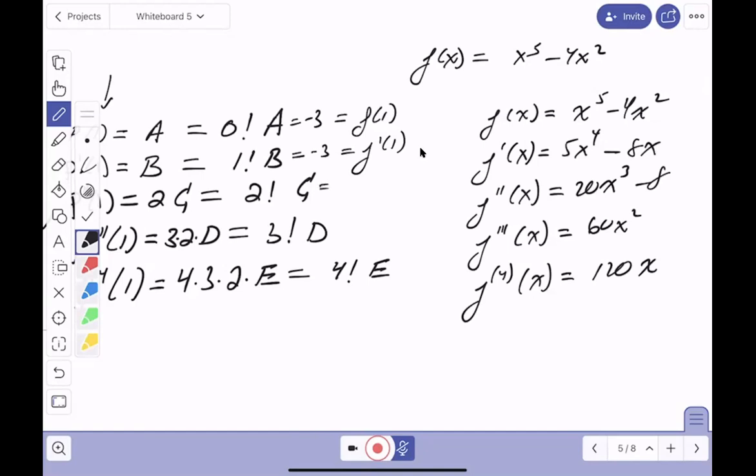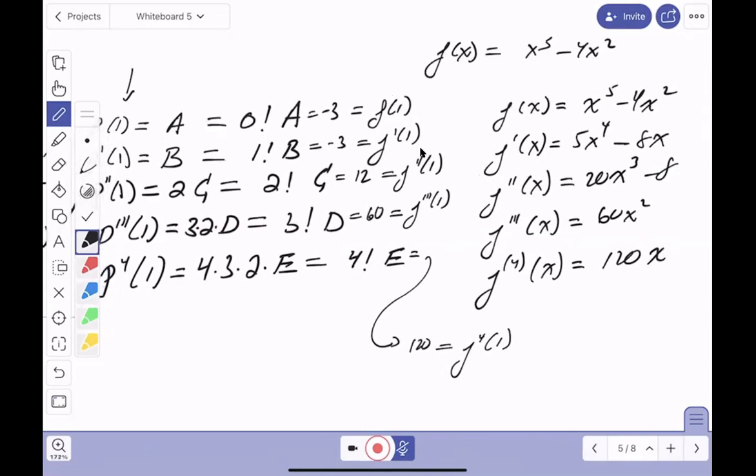Wow, that's a miracle. f double prime of 1: 20 minus 8 is 12. f triple prime at 1 is going to be 60. Whoa, that's crazy. And f4 is going to be 120, right? I'm running out of room, so I got to put it over here. So f4, the value at 1, is 120.